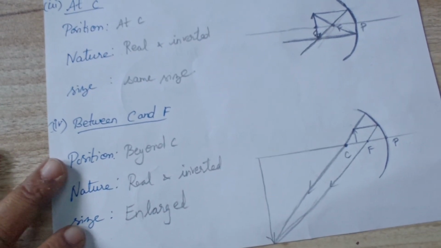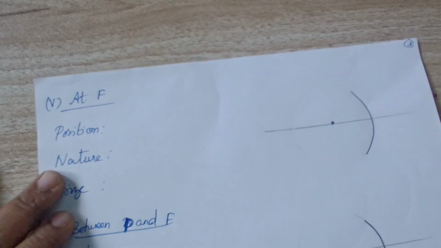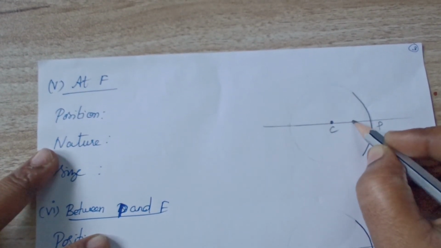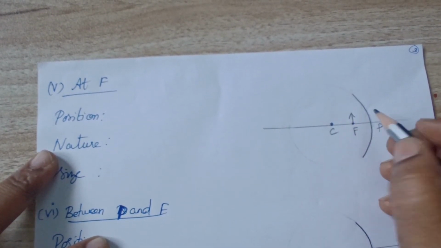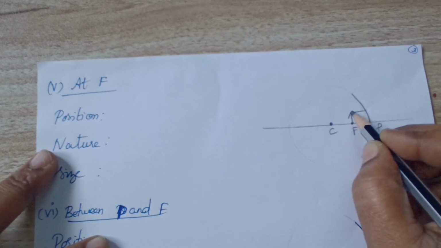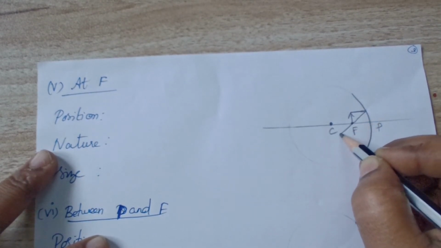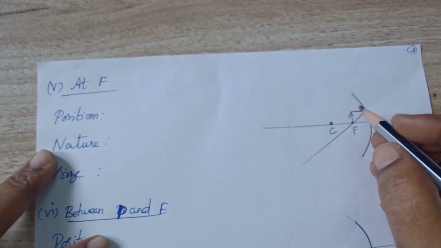Okay, next, when the object is placed at F, at the focal point. Okay, this is C, this is P, and this is your focal point. When the object is placed here, the ray parallel to the principal axis is reflected back through the focus, right?